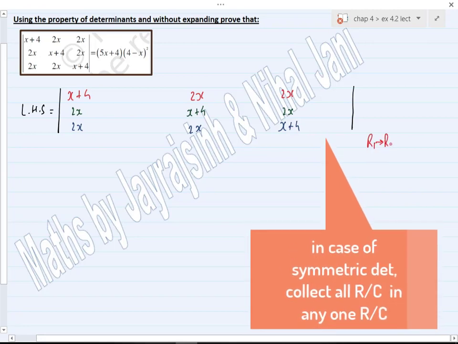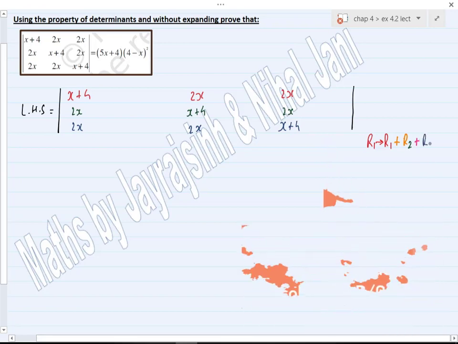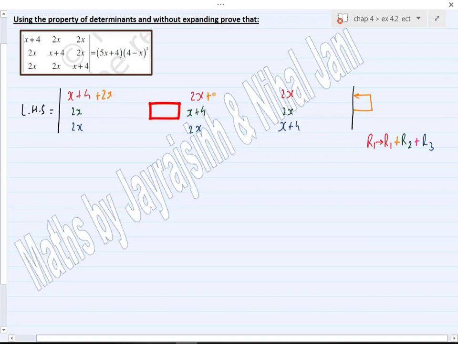For that, the preferable operation is R1 gives R1 plus R2 plus R3. So first of all, let's add second row in the first one. Here we'll get plus 2x plus x plus 4 and plus 2x. And then add third row to the first one.